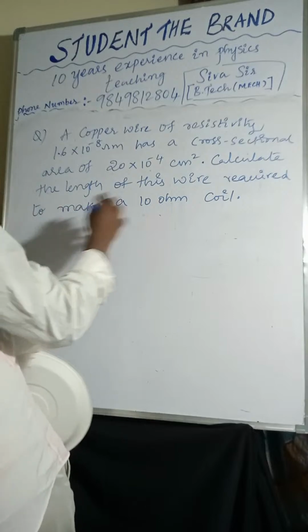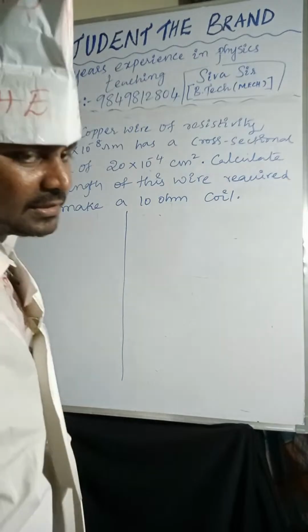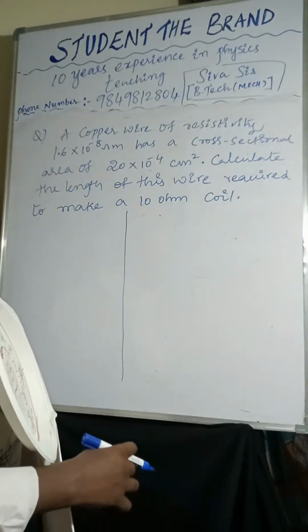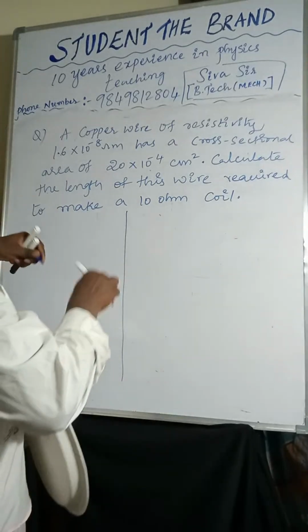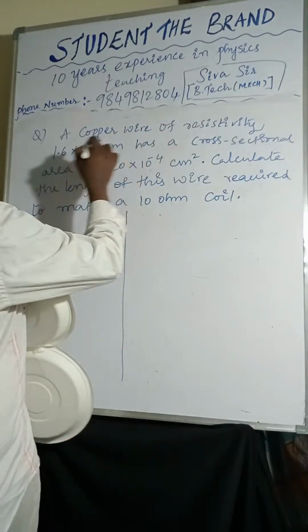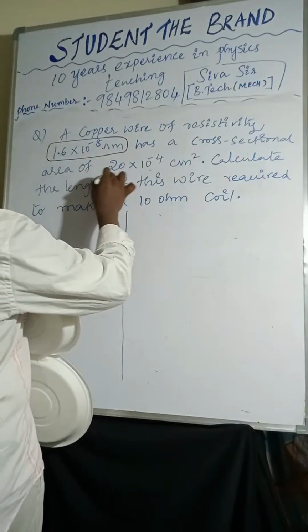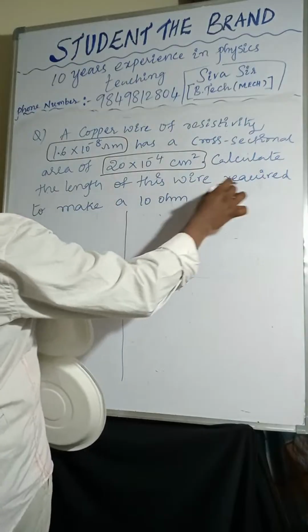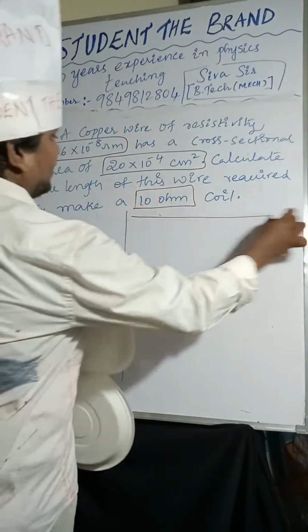Can anybody answer this question? If you know the answer, let me know. Actually it is very easy. First you have to check the resistivity is given in SI unit, and the cross section area is given in CGS unit. Calculate the length of the wire required. Resistance is given. So now write the given data.